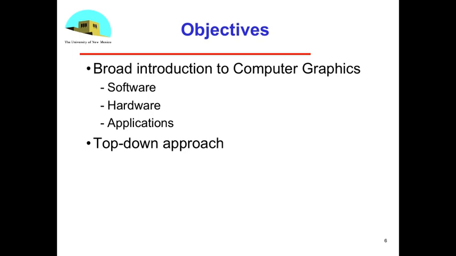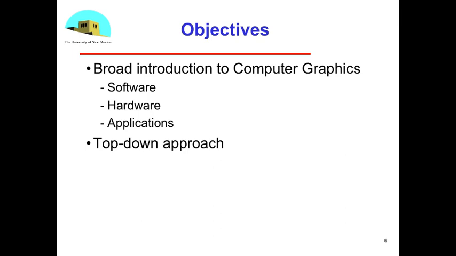That's in contrast to the way computer graphics used to be taught, where people would start down at the lowest level, talk about pixels on the screen and how you assemble those pixels into lines, how you fill the insides of triangles and rectangles. And students were usually really disappointed in those kinds of courses because they never got to do anything close to all the exciting things that they were starting to see in movies and animations and television and games.